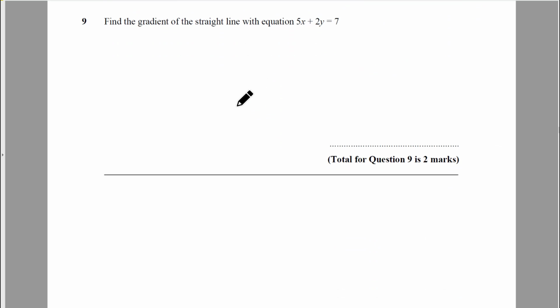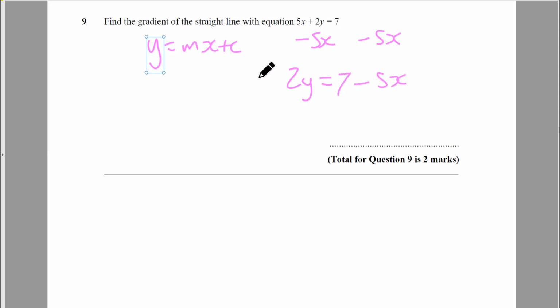Find the gradient. So gradient is y equals mx plus c. Is this in the form y equals mx plus c? No, so we rearrange it. So we minus 5x on both sides to get 2y equals 7 minus 5x. Now that's not y here, so we divide both sides by 2 to get y equals 3.5 minus 2.5x.